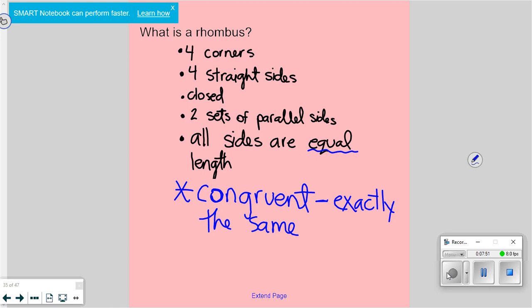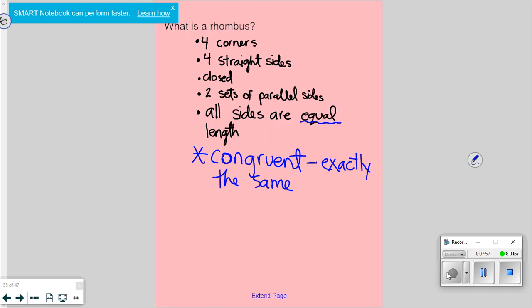So far, so good? Okay, so let's draw some examples. So the first example is going to look very similar to a parallelogram. So I start with my top and my bottom sides. It's very hard to make them equal length, I know.